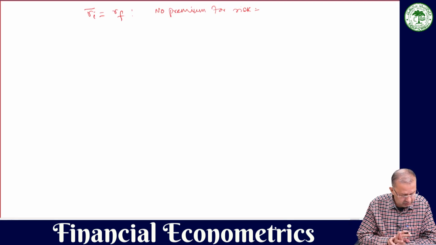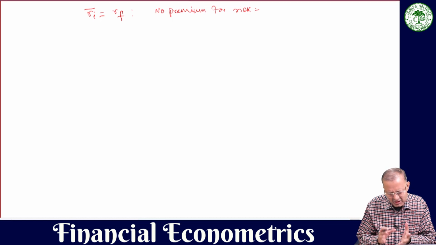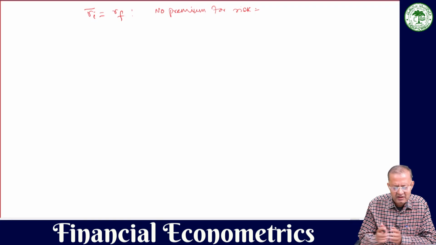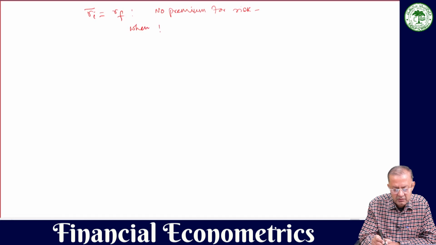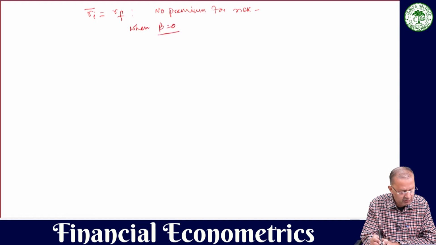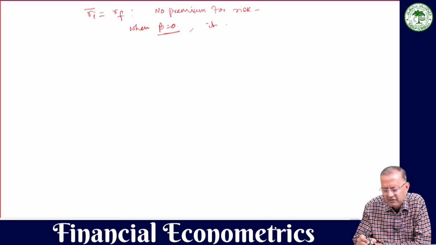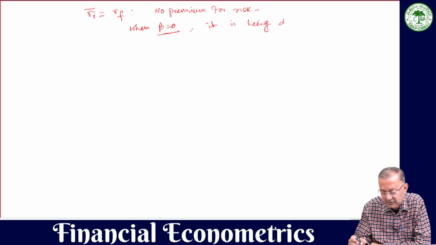So this is due to the fact that when there is no association between the ith asset and the market asset, when the beta factor is equal to 0, the risk associated with the asset and the market is being diversified away.